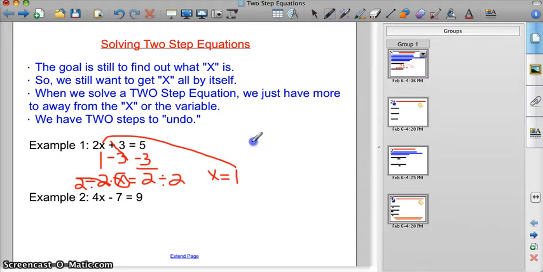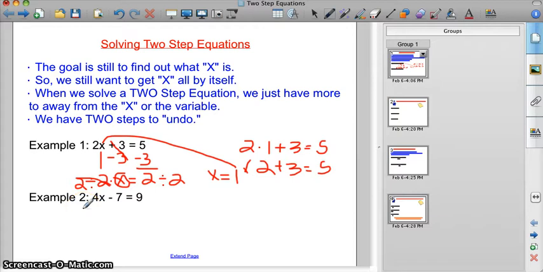So let me check. 2 times 1 plus 3 equals 5. 2 times 1 is 2 plus 3 equals 5. That is a true statement, so I know my answer checks out, and I am correct.